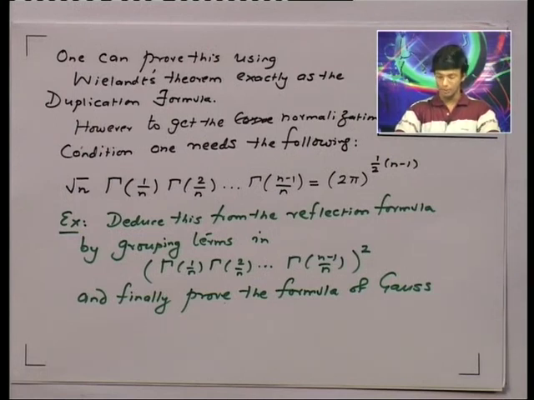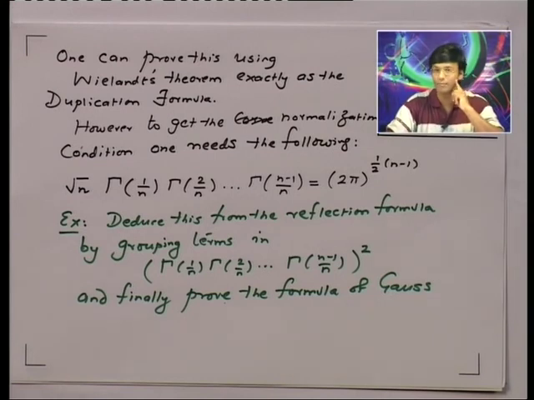Compute the square of the left hand side and regroup the terms: gamma 1 over n, gamma n minus 1 over n, use the reflection formula. Gamma 2 by n, gamma n minus 2 by n, use the reflection formula for this pair, etc. You will need this for the normalization when you try to prove the Gauss product formula.